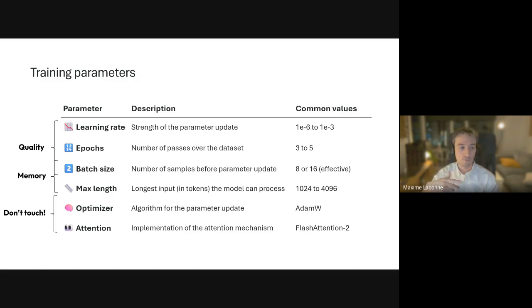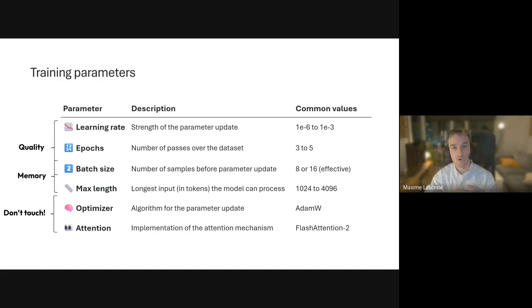Another one that is very important is the number of epochs, so the number of passes over the entire dataset. This is quite related because if you have a slow learning rate, you will need more epochs to see more data for training. Then you have the batch size, which is the number of samples that you see before the parameter update. If you have a large batch size, you're going to use more memory.